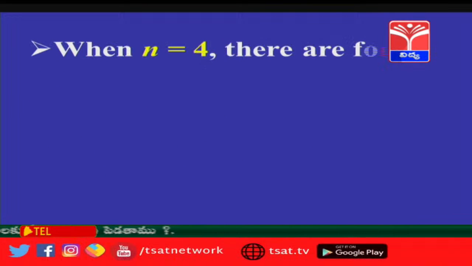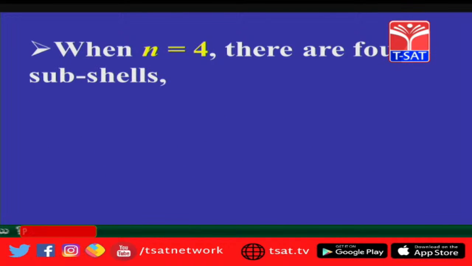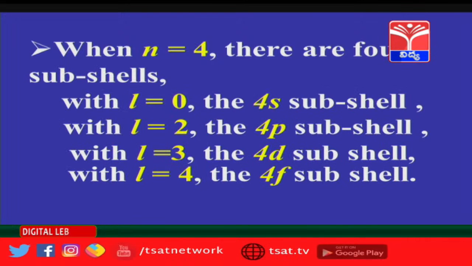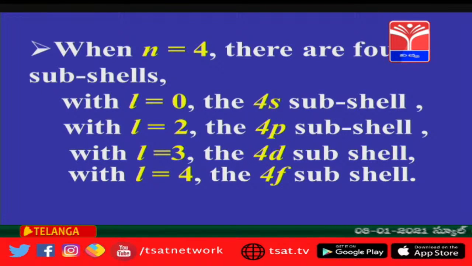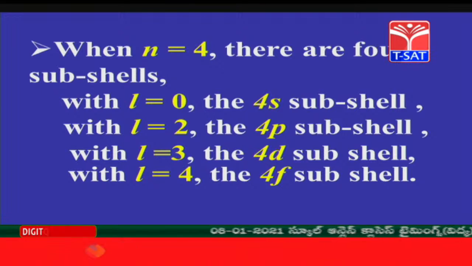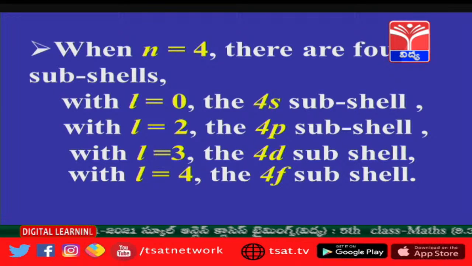Similarly, when n is equal to 4 there are four subshells, with L is equal to 0 4s subshell, with L is equal to 2 4p subshell, with L is equal to 3 4d subshell, with L is equal to 4 4f subshell.